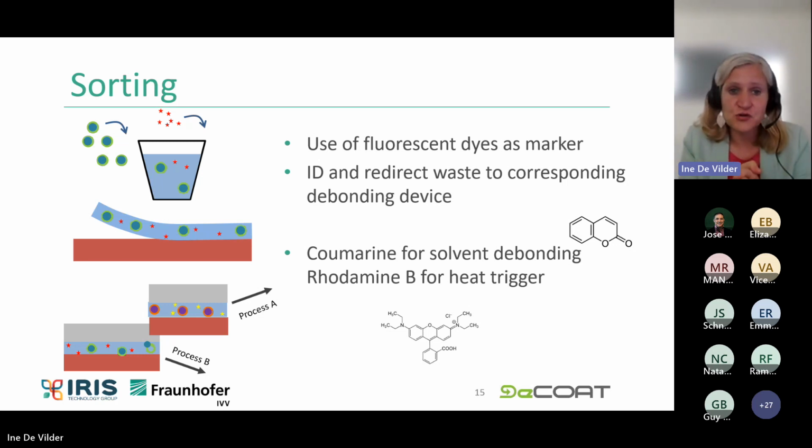So that's why we chose two fluorescent dyes: coumarin, which when we add it means that this sample will need to go to the solvent-based debonding. If it's rhodamine B, it needs to go to the heat triggering. We simply mix these fluorescent dyes in the formulation, and then when you do the identification, you can assess if the sample will need to go to process A, for example solvent-based, or process B, the heat triggering.